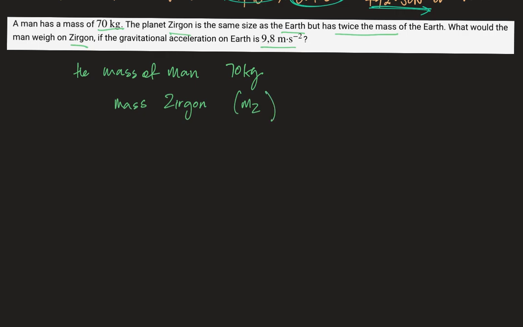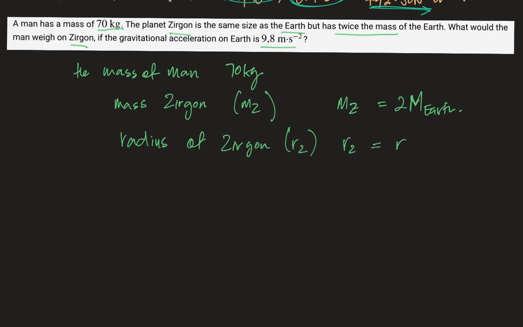What they're saying is the mass of Zygon is equal to 2 times the mass of Earth. We've then got the radius of Zygon, and they're telling us that the radius of Zygon is equal to the radius of Earth.